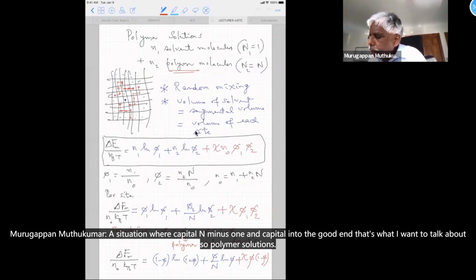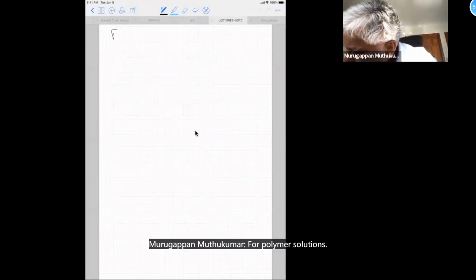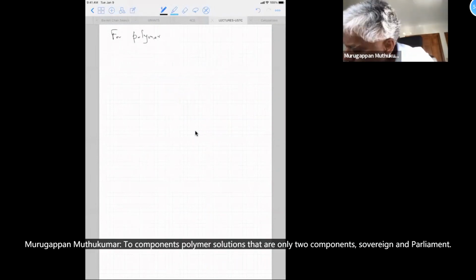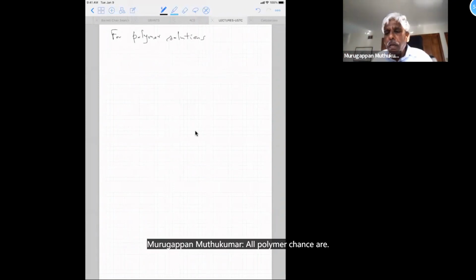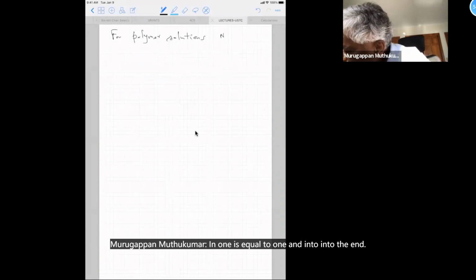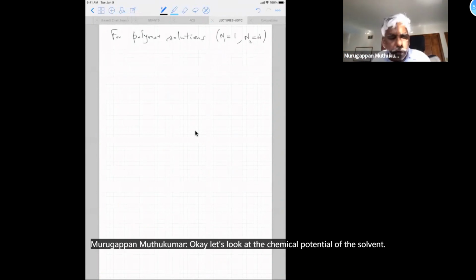So for polymer solutions, there are only two components, solvent and polymer. All polymer chains have the same molecular weight. It's monodisperse. For polymer solutions, N1 is equal to 1 and N2 is equal to N. Let's look at the chemical potential of the solvent.